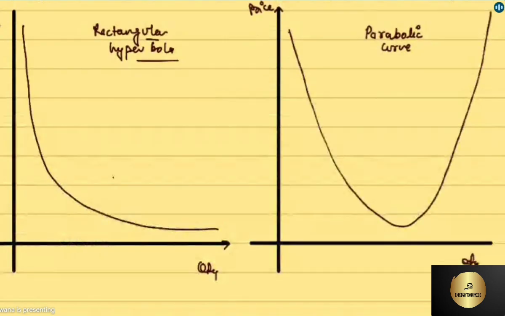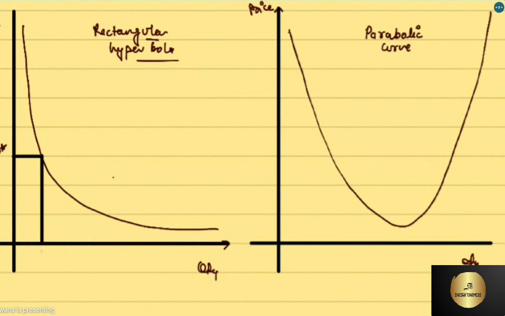Now we'll solve for the first given demand function. What is the given demand function? P is equal to 27 minus 3Q minus Q square, where Q star is given as 3. Let me tell you one thing as well. Suppose you got your P star and Q star here.